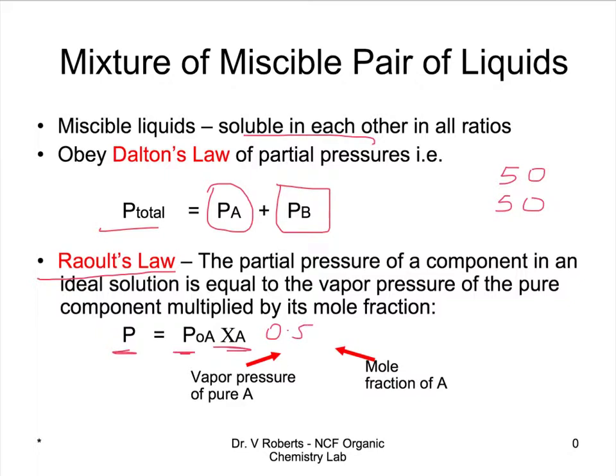And if it's a two-component mixture, then the partial pressure of B would be the vapor pressure of pure B multiplied by the mole fraction of B, which would be 0.5. The mole fractions must add up to 1.